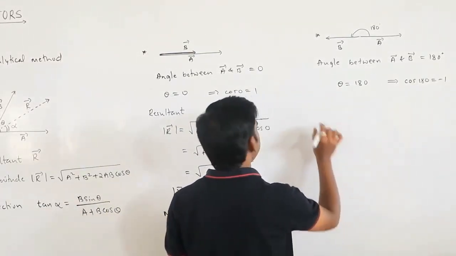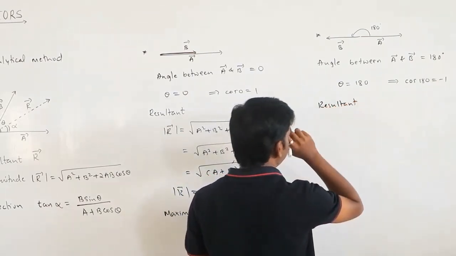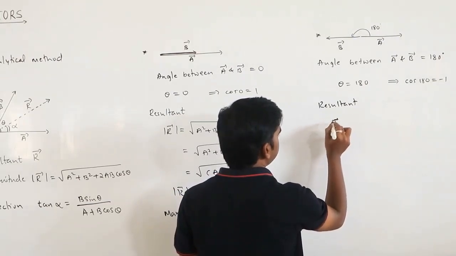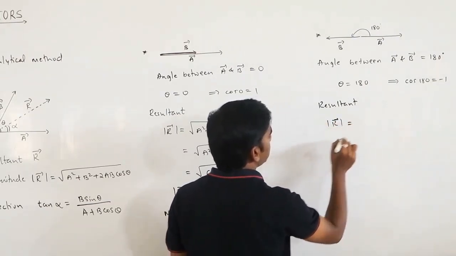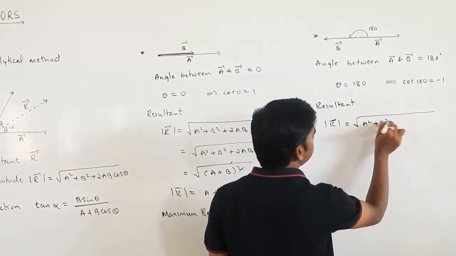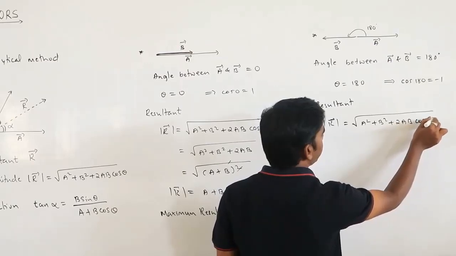To find the resultant, R is equal to the root of A square plus B square plus 2AB cos of 180.